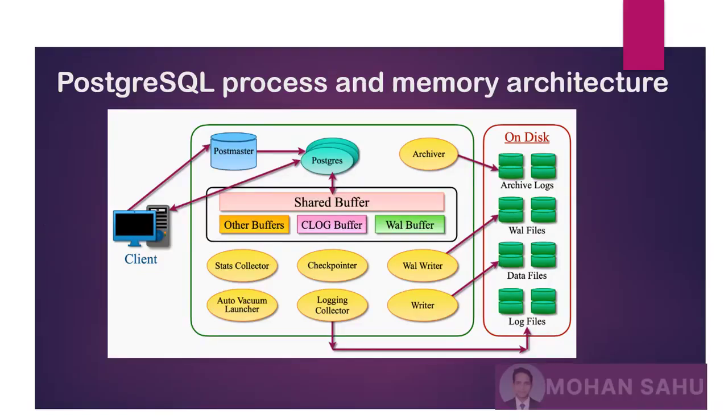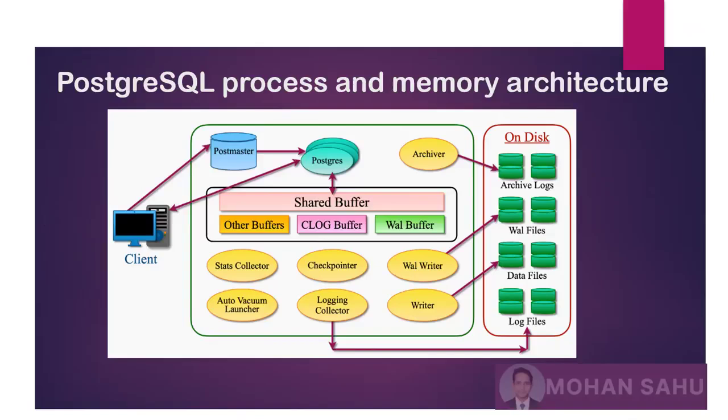For read operations, the client will connect to Postgres, and then Postgres will check the data block in the shared buffer. If it is not found, then it will be fetched from the data files, and after that the client will get back the results.